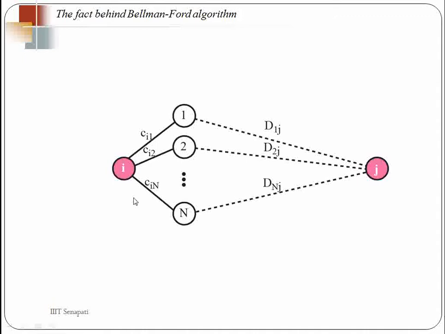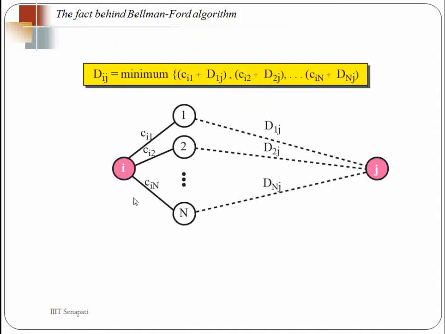And then if we try to see the cost Ci1 plus D1j. Okay, so if we add Ci1 plus D1j, it will give us some value. Ci2 plus D2j, distance from 2 to j. If we add these two values, it will give us some value.